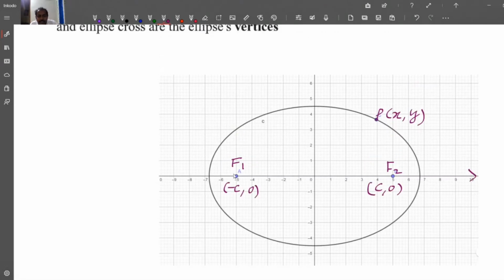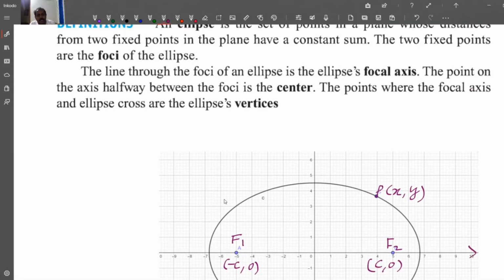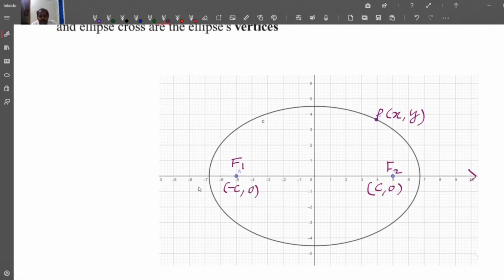The axis through the foci is called the focal axis, and the point halfway between the foci F1 and F2 is called the center C of the ellipse, and the points at which the ellipse crosses the focal axis are called the vertices. This is vertex 1 and this is vertex 2.